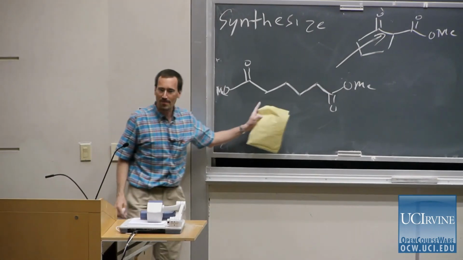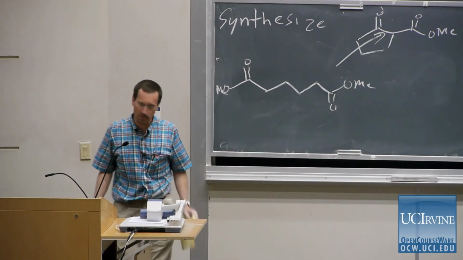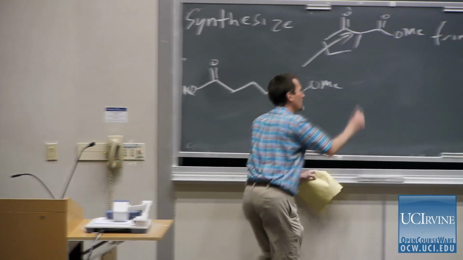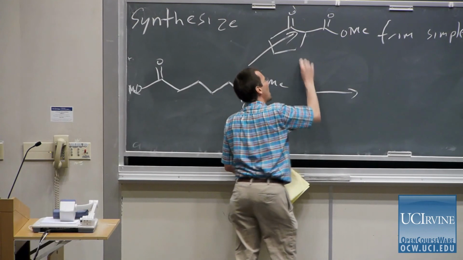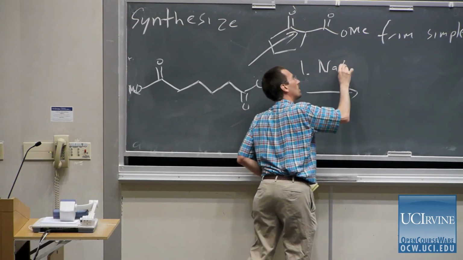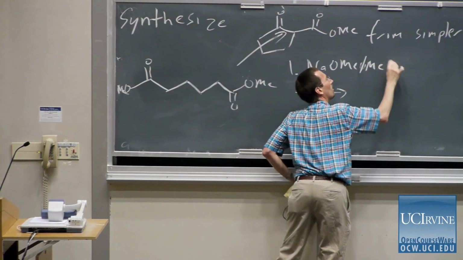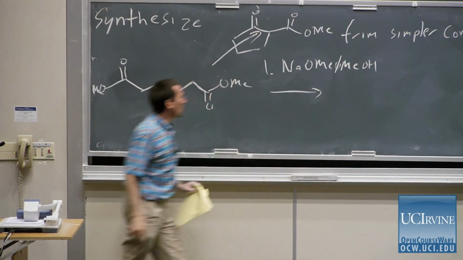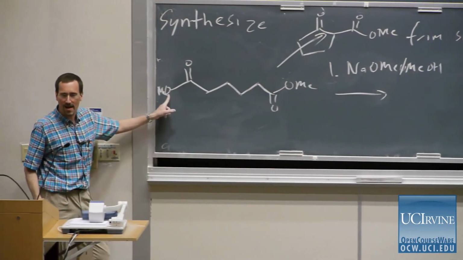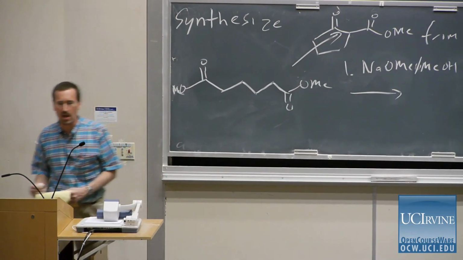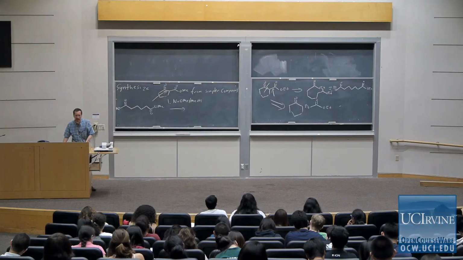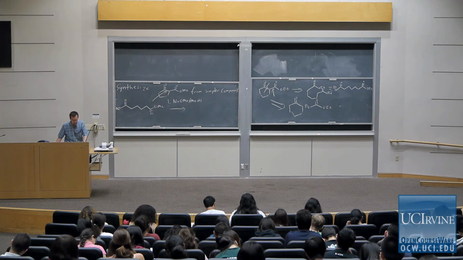You could make that from cyclohexane if you wanted. And we'll treat it with sodium methoxide and methanol. I use sodium methoxide because I have the methyl esters. I don't want to hydrolyze them with sodium hydroxide, saponify them if you want to be technical.